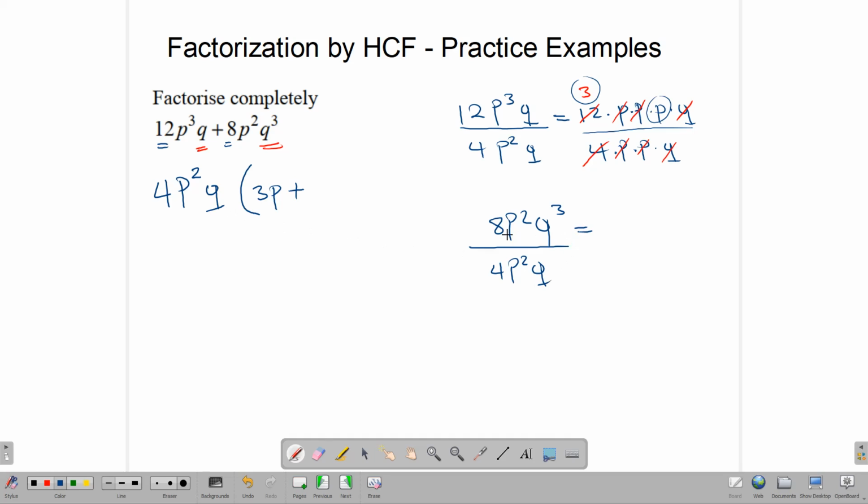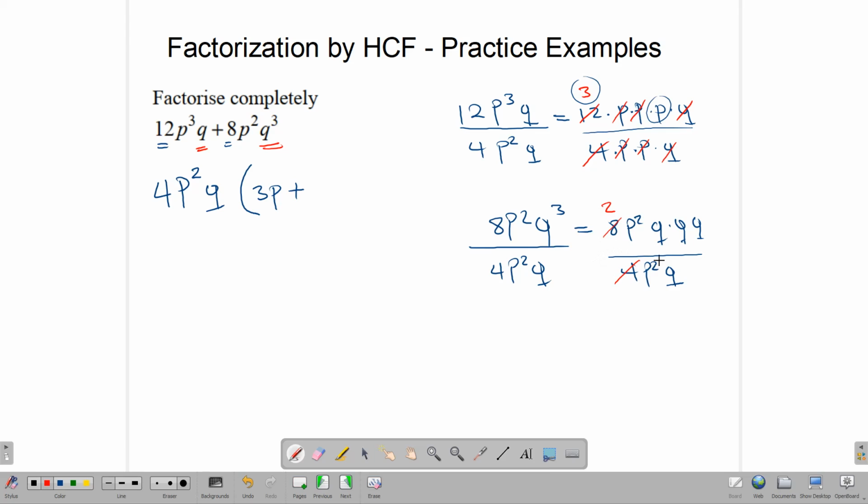Now literally again, notice we have a p squared here and a p squared here, so I'm not going to write that one out. But we have a q to the third here and a q, so I'm going to write 8p squared q cubed divided by 4p squared q. Now what do we get when we try to divide this out? 8 divided by 4, we get 2.